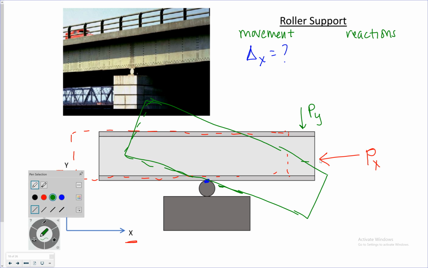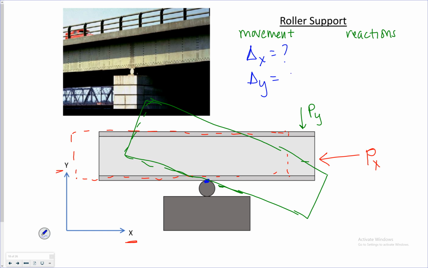So if I look at the support, do I have any deflection in the Y direction? No. It's pivoting about that. It's rotating. So the next question, do I have rotation about the Z-axis? This is the Z-axis out of the plane.